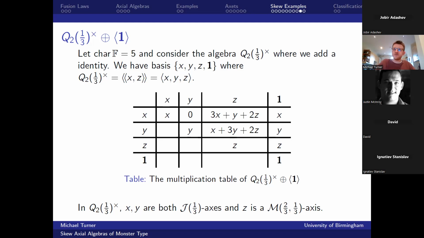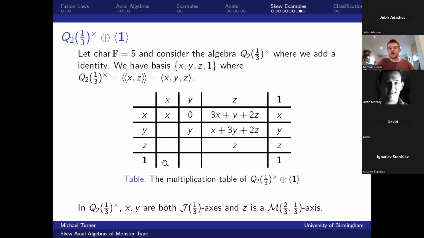So this is slightly different because when we start with the quotient Q2 1/3, this doesn't have an identity. And to get around that, we just basically add the identity element into the algebra.